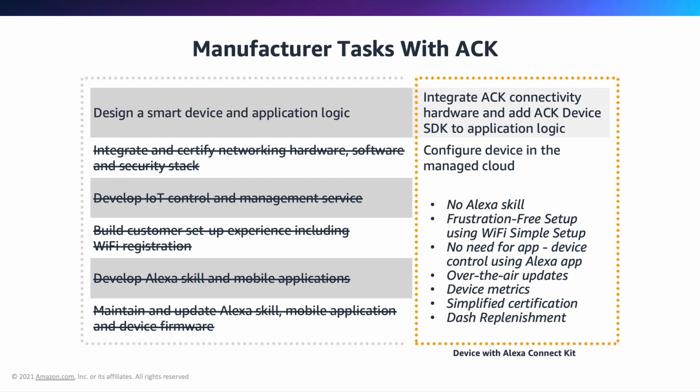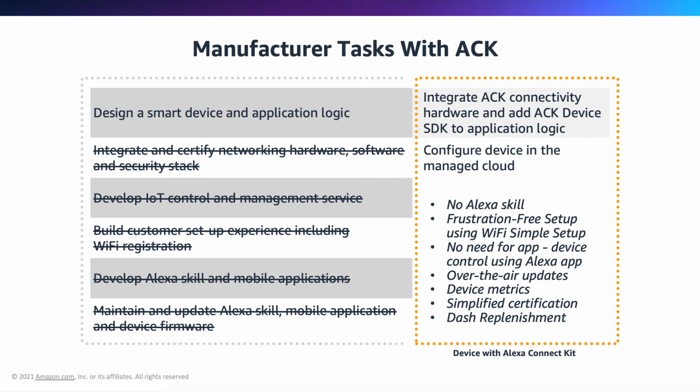ACK takes care of all the other aspects of the smart home device. Devices are set up and registered with a Wi-Fi network using Amazon's Wi-Fi Simple Setup technology, allowing devices to be set up with no user interaction. There is no need to develop and maintain mobile applications, as the device can be controlled with the Alexa app. There's no need for an Alexa skill or any cloud infrastructure, as ACK handles all device communication with Alexa services.